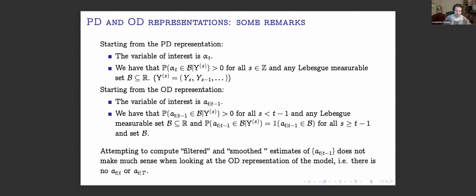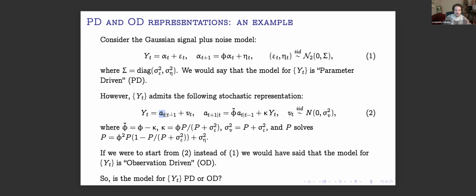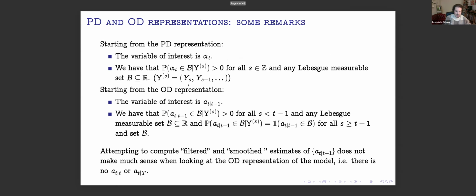For example, if we have an observation-driven model, some people try to say, okay, what is the filtered or smoothed value of the parameter of interest, which in the observation-driven model is this a_t. And in my view, this question does not really make sense, because in an observation-driven model there is no filtered and no smoothed estimate of the variable of interest, because of the way the model is defined.